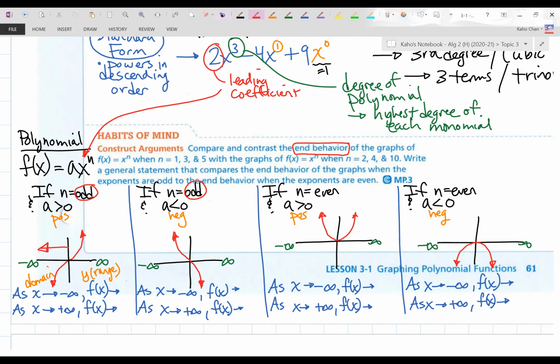Make sense? So if I'm going left, my graph goes down, and to represent it going down, I need to describe it using negative infinity. Negative infinity is downward. My y-value is going down. If I'm going to the right of this graph, the graph is going up.